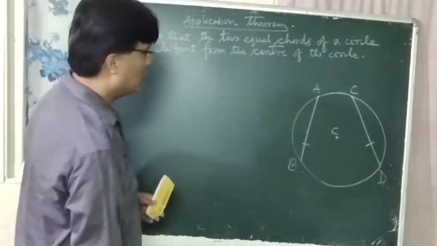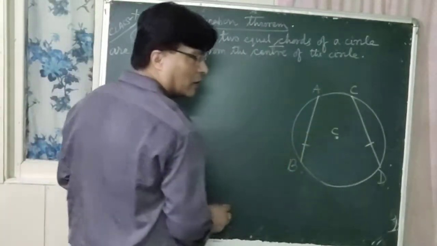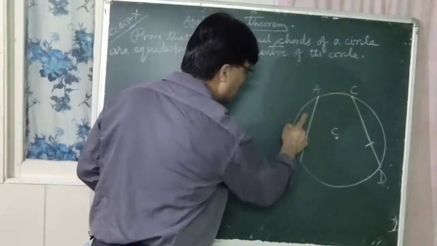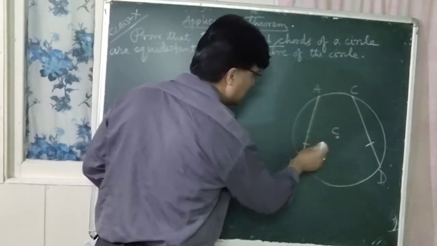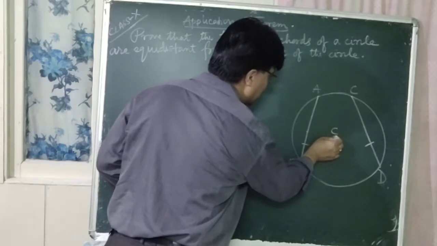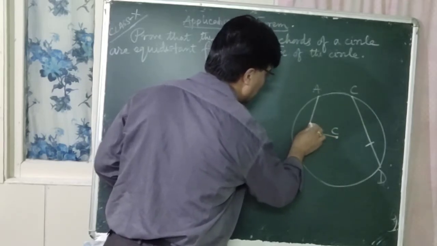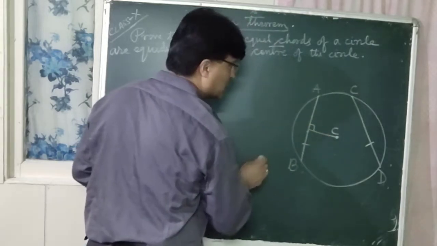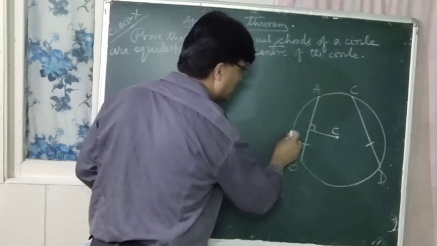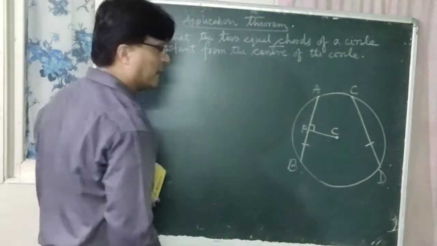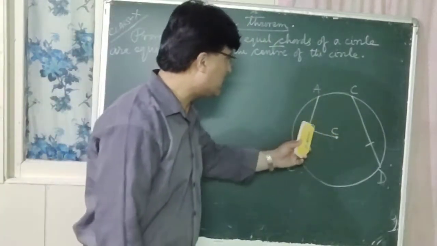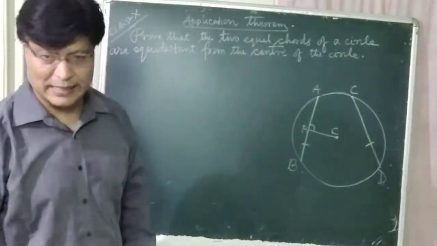Now, what do you mean by the distance of the chord AB from the center C? Draw a perpendicular from C. So this is P, and CP is drawn perpendicular to the chord AB.